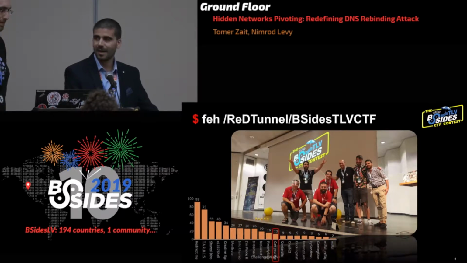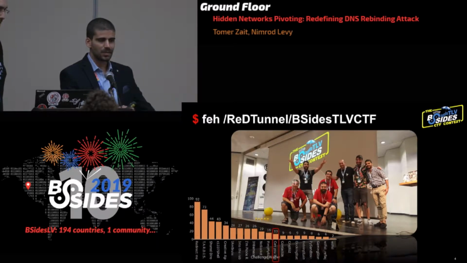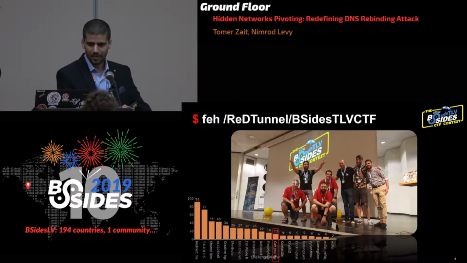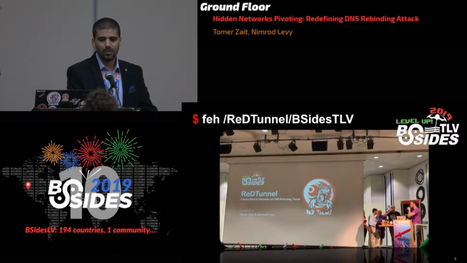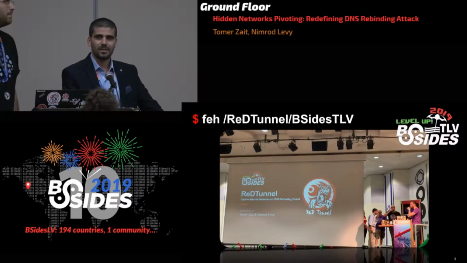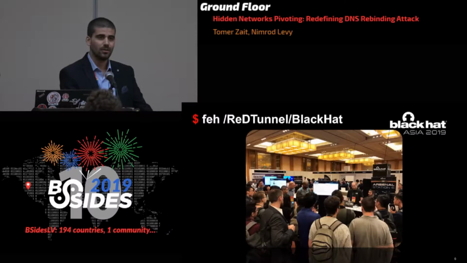So Tomer and I thought about how we could simplify this process, and we built the Retinal tool. Then we presented the tool at BSidesLV and Black Hat Asia last year, and we will present it again at the upcoming Black Hat USA and, of course, here.